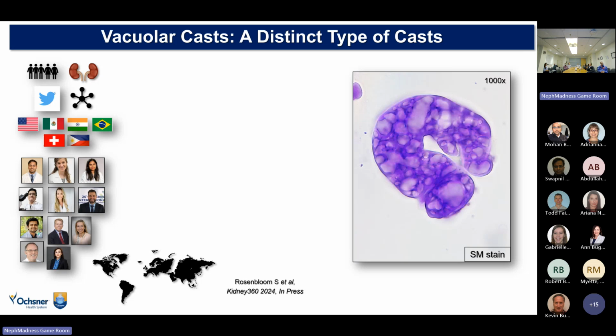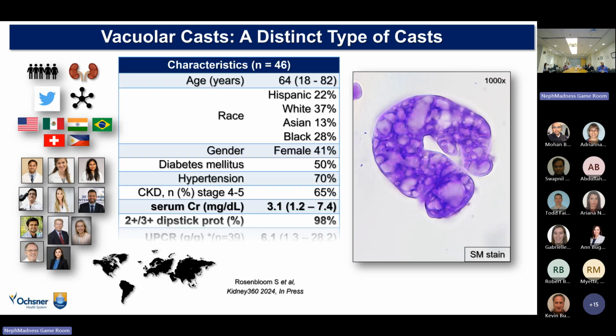So we started gathering this data to see if there is any consistent pattern of clinical phenotype. We ended up collecting 46 patients that went into this cohort. We at Oxford contributed about 32 of them, the highest number. And you can see on these baseline characteristics that serum creatinine was elevated at a 3.1 milligram per deciliter average.